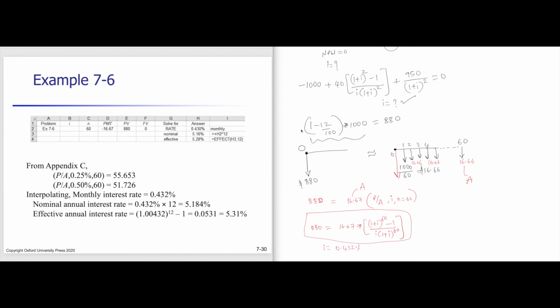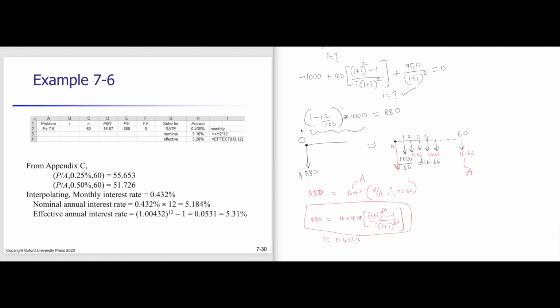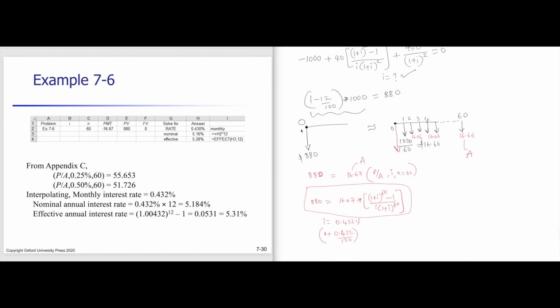And this is monthly interest rate. How do we convert to annual interest rate? We have to use the nominal interest rate, or to convert a given interest rate to annual is we write 0.432% over 100, to the power 12, minus 1.